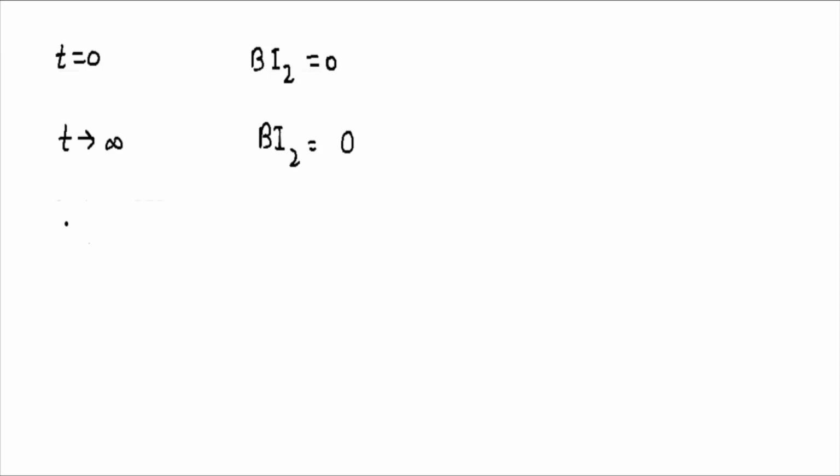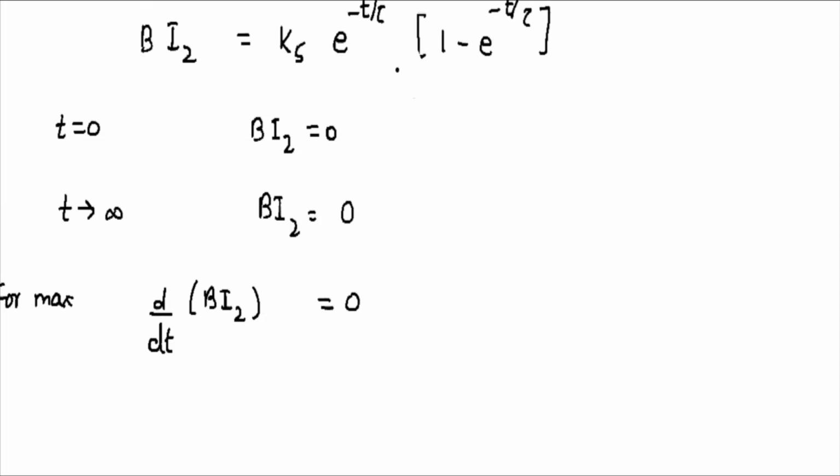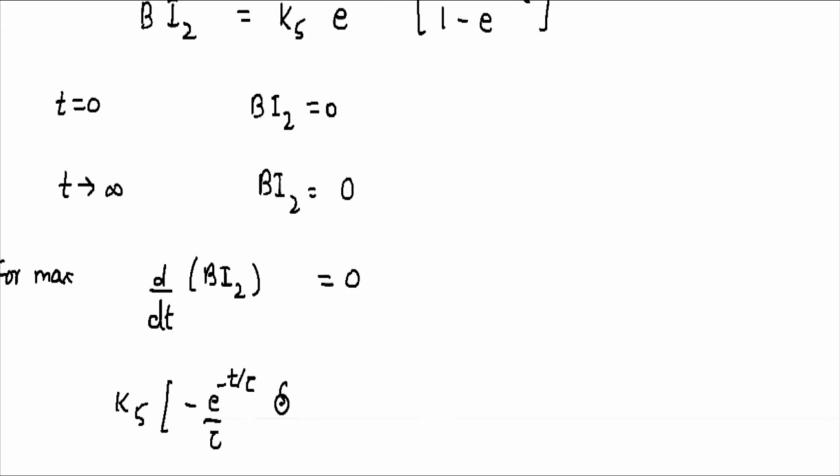To get the maxima, we differentiate our product b I2 with respect to time and put it equal to 0, for maxima or minima. In this case it would be a maxima. K5 won't be differentiated, so we take it as a constant. Differentiating the first part, taking the other as constant, gives minus e to the power minus t over tau divided by tau, times the bracket 1 minus e to the power minus t over tau.